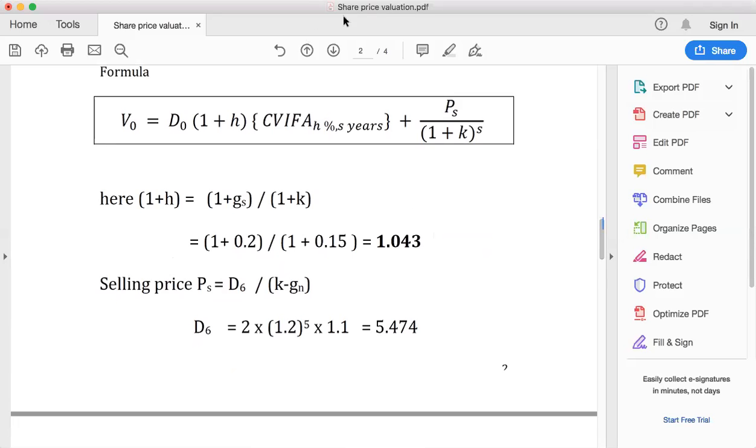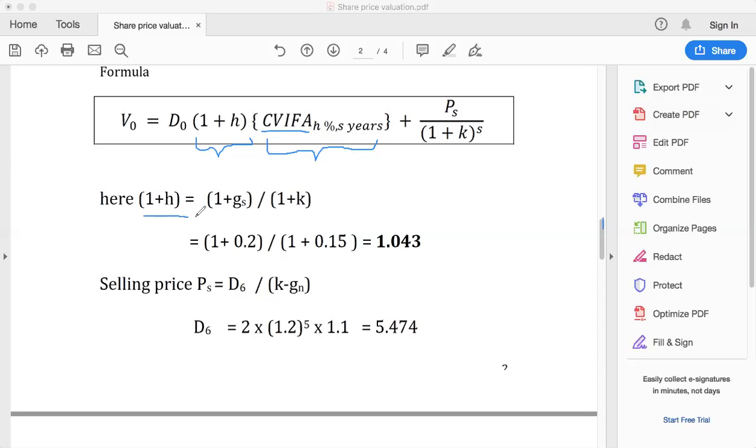So the formula gets a little bit modified here, and the formula is something like this: D sub 0 multiplied by 1 plus h. What is this 1 plus h? It is a hypothesized growth rate, which we'll just talk about. And then for this hypothesized growth rate for the initial 5 years, you have to find the compounded value interest factor of annuity.